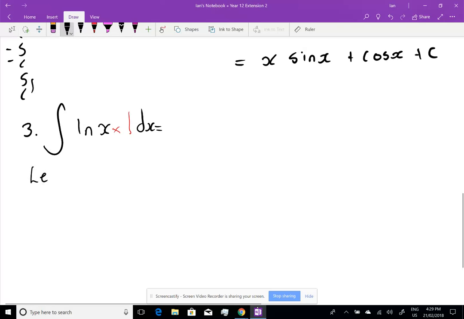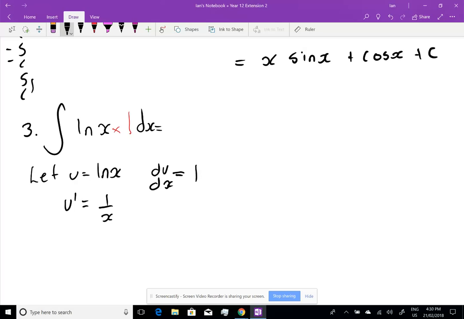Well, I'll let u equal ln x, and therefore u dash equals 1 on x, and dv dx equals 1, or v dash if that's how you like it, and therefore v equals the integral of that, which is x.